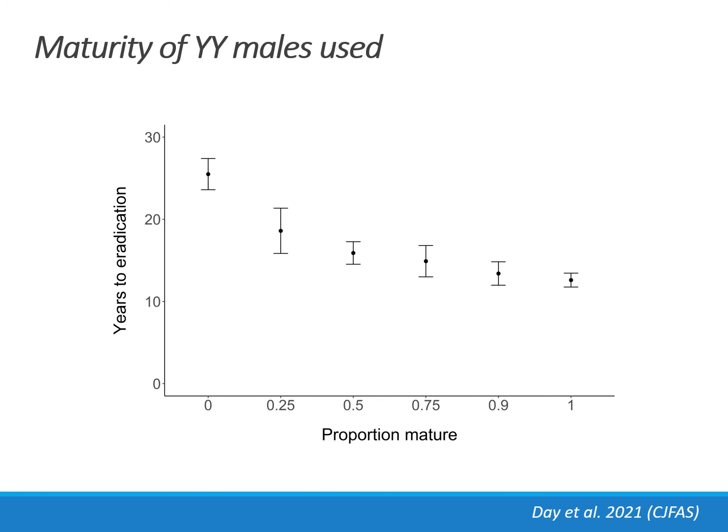And as you might guess, it does have a strong effect on how long it takes for a population to get extinct as the proportion of individuals that are mature increases. Although once you get to about 50 to 75%, again, we don't see much improvement, and that may just be due to the sheer volume of individuals that we're putting in.